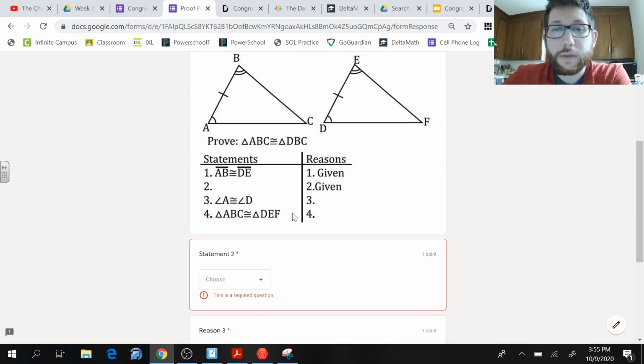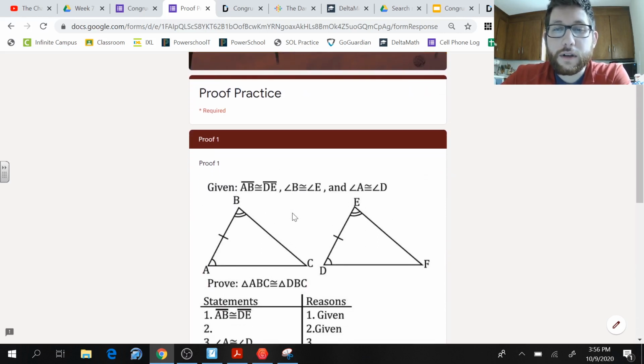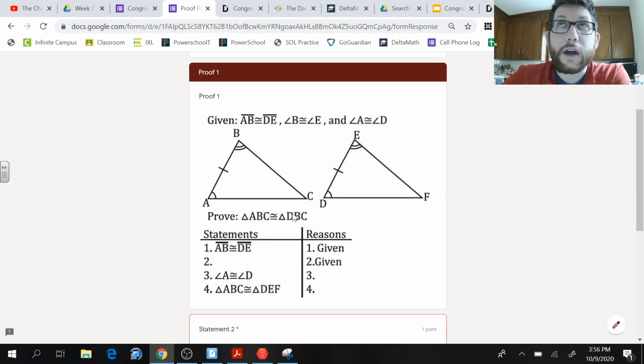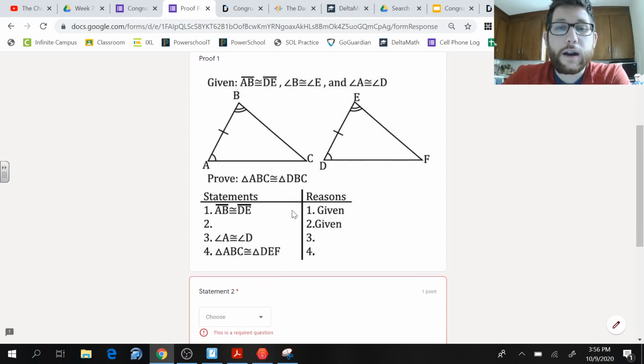So do it well. Be careful. I'm not going to grade this like, say you get a 90 on it, I'm not going to give you 90%. I'll give you full credit. Usually, as long as you get about 75% on these things, I'll give you full credit. I do want to see that you're actually doing it right. I think it's set up so that you can submit it more than once if you really got stuck.